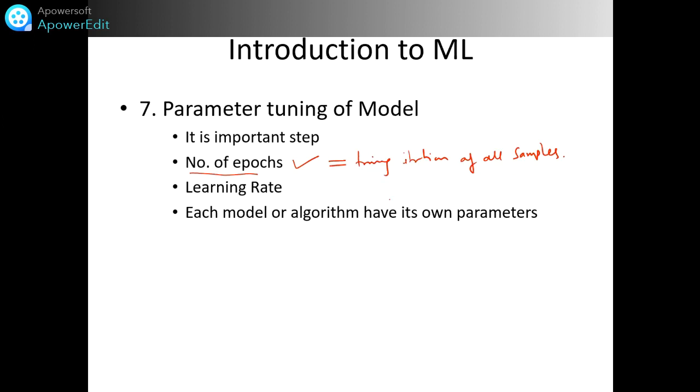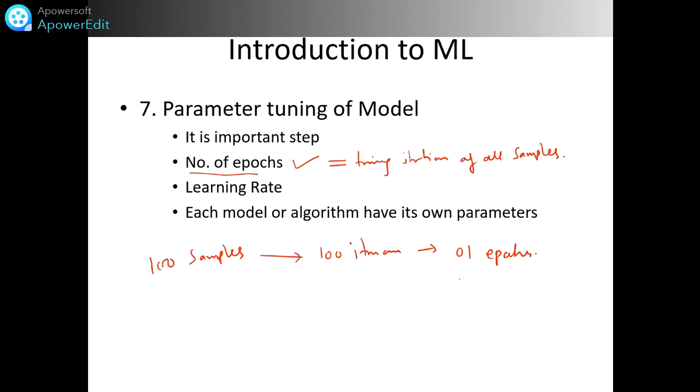Say I will take one example, say 100 samples are there. To process these 100 samples, we need 100 iterations, and that is called one epoch. So the complete tracing of the training samples, iteration by iteration, is called one epoch.